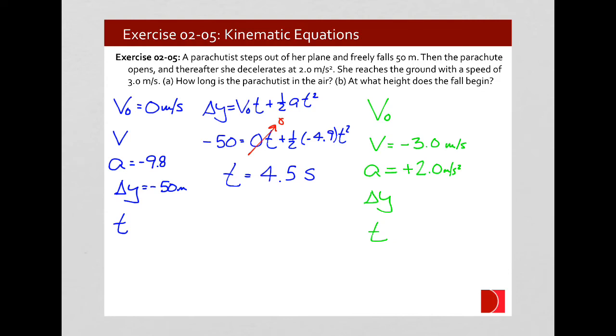The equation there is v squared equals v naught squared plus 2 times a times our displacement. Here we have v squared is equal to 0 squared plus 2 times negative 9.8 times a negative 50 meters of displacement.